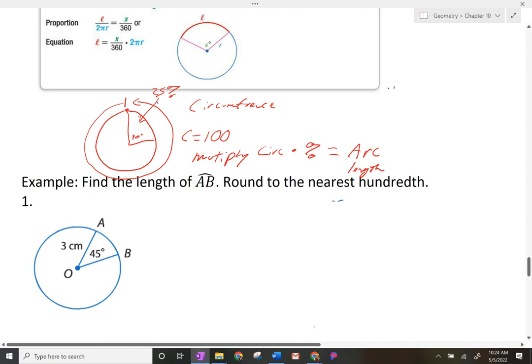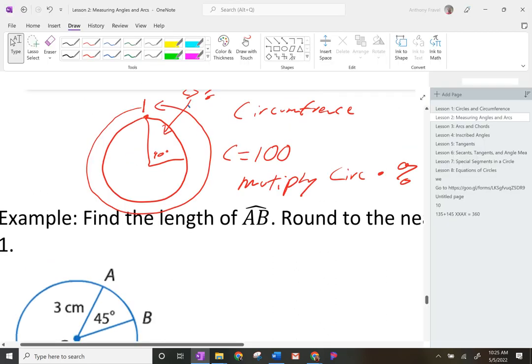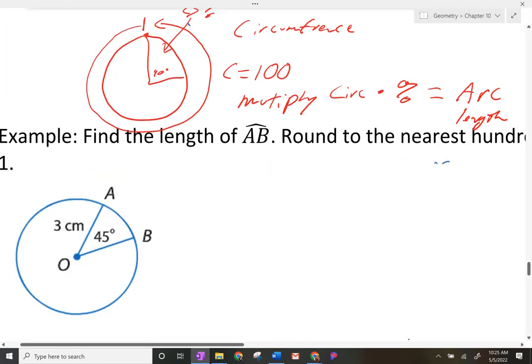But again, that equation is going to be my length. So that arc length is going to equal x divided by 360, so I'm finding percentage times the circumference. It wants me to find the length of AB. It wants me to find this distance here.